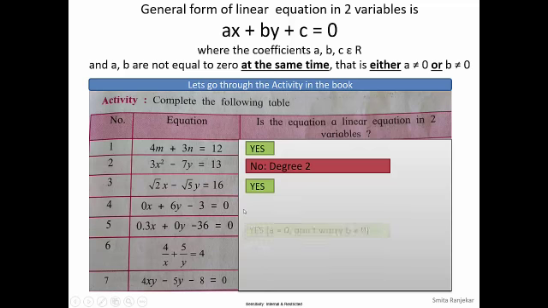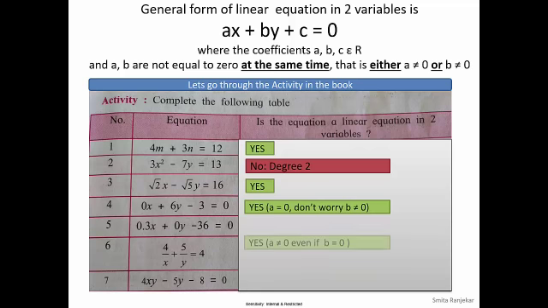Therefore, it is a linear equation in two variables. Now see the next equation. Here, the same logic is applicable for the fifth equation. Therefore, we can say that it is a linear equation in two variables.